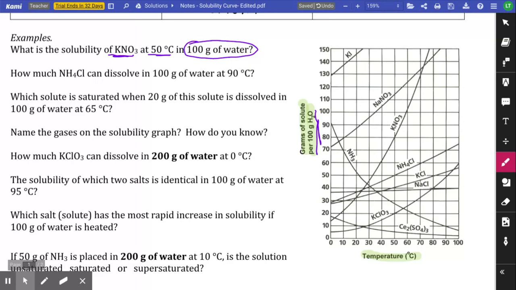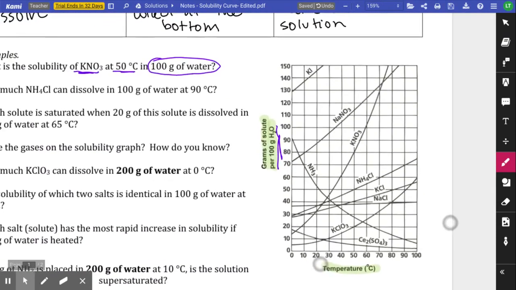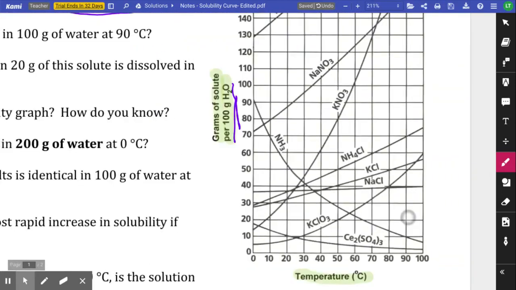We'll talk about that more in a minute when we get to one that doesn't say 100 grams of water. All right, so I want to know the solubility of KNO3 at 50 degrees Celsius. First I'm going to find 50 degrees Celsius, and then find where KNO3 intersects with that 50 degrees Celsius. And it's right there.